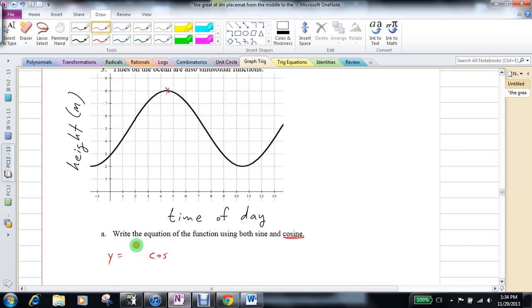My amplitude should be 3. My b value will be pi over 6.2. My horizontal phase shift looks to be 4.5. Again, that's going to be a minus 4.5 because it's moving to the right. And the middle of my graph, well, halfway between 2 and 8 is 5.